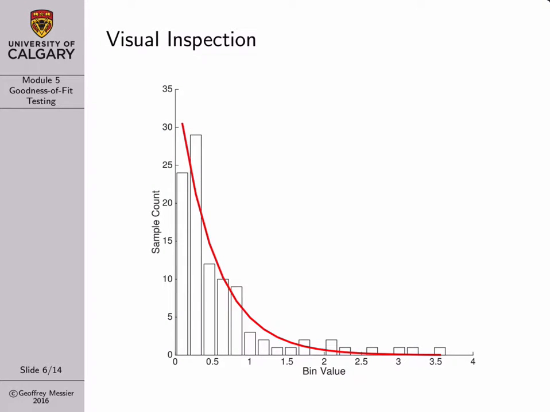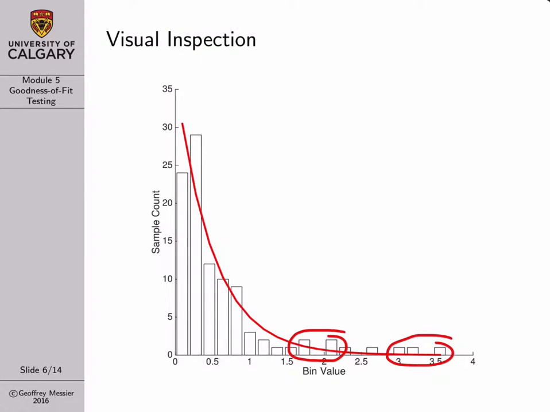The third example is a little bit more troublesome. Here we have, again, our experimental histogram and our exponential equation, and it's hard to say. The experimental data kind of seems like it's decaying, but we do have these regions where we don't have a very good fit.